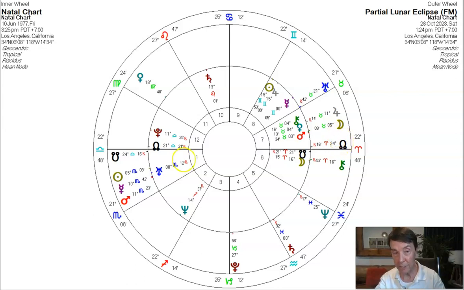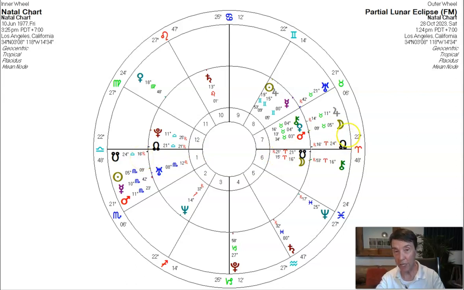And there are the transiting lunar nodes in Libra and Aries, at 24 of Libra and Aries. So there's the eclipse degree at 5 degrees Taurus, about 11 degrees away from the nodes. So it tells you that that's an eclipse because of the nodes being so close to the full moon.